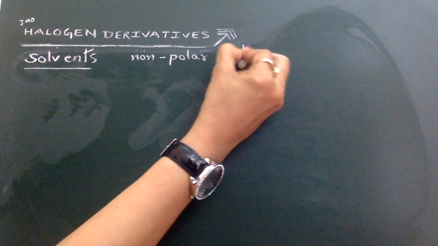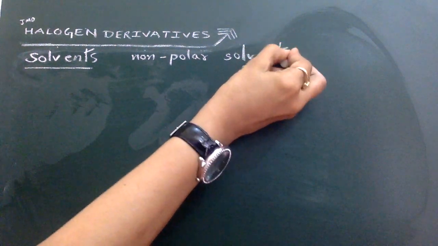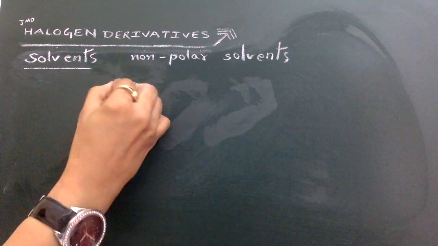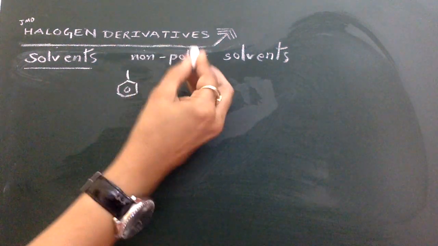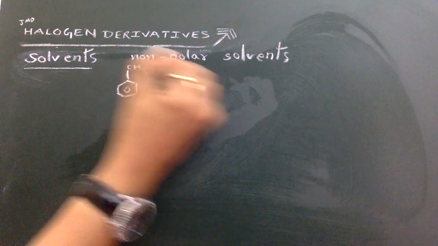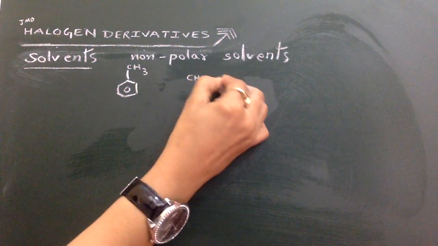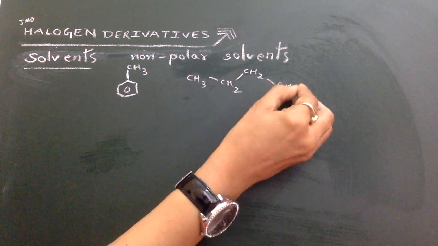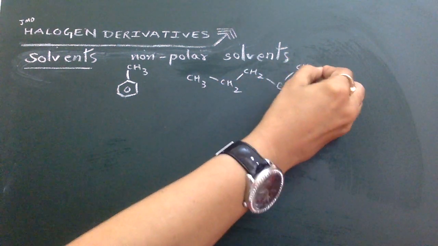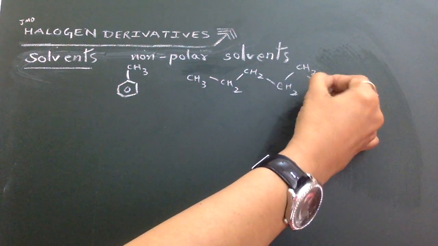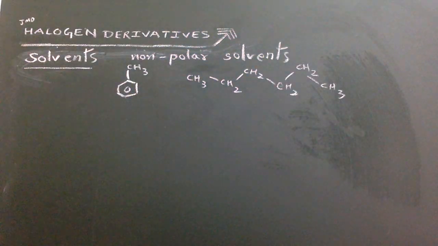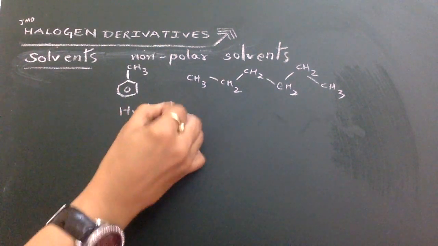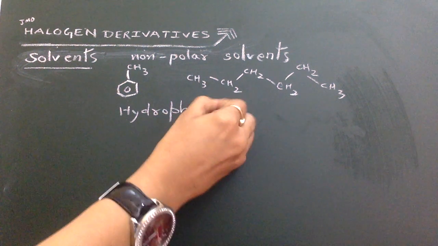In this category of non-polar solvents we can have something like toluene, we can have N-hexane. Now these are the examples of non-polar solvents. These solvents are hydrophobic in nature.